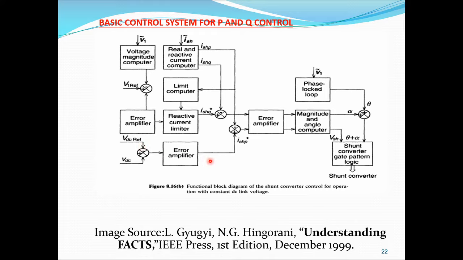If the error amplifier output is enough, I move further. On the first side, give the values of V1 also, the voltage magnitude: V1 reference, V1 actual value. Give it to the error amplifier. This is the sequence we have to follow for the control structure, and this one is the shunt converter control.